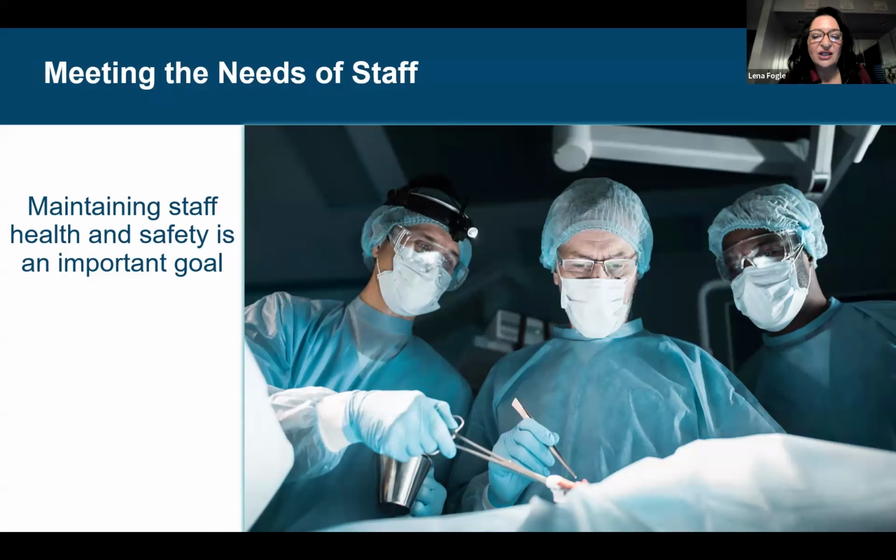There was a very large literature review conducted, and it concluded that reducing staff stress by having ergonomic interventions, as well as careful considerations to other things such as air quality, noise, and light, can have a significant impact on staff health. In addition, attention to the needs of personnel communicates to the staff members that maintaining their health and safety is an important goal for the organization.